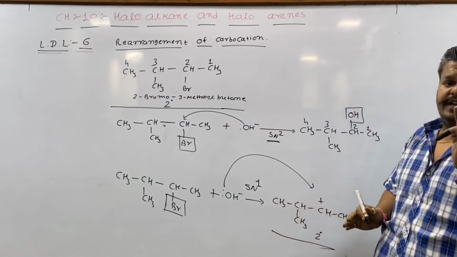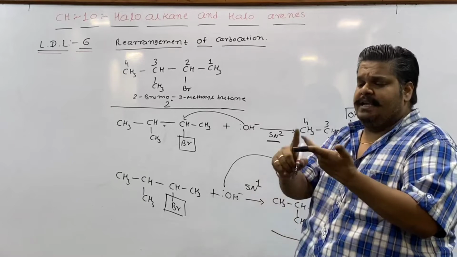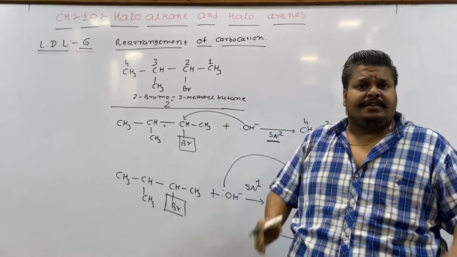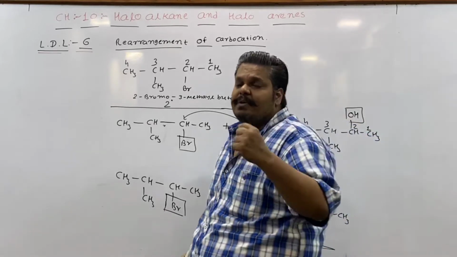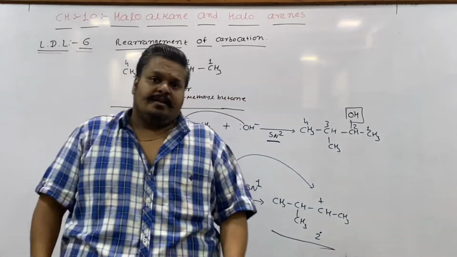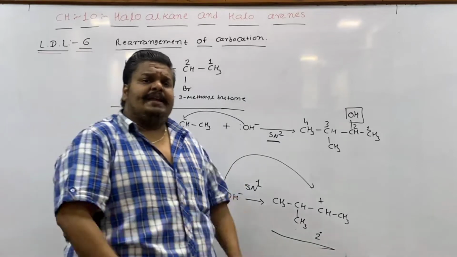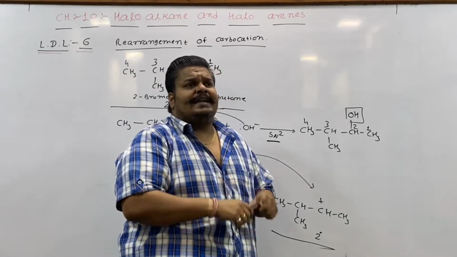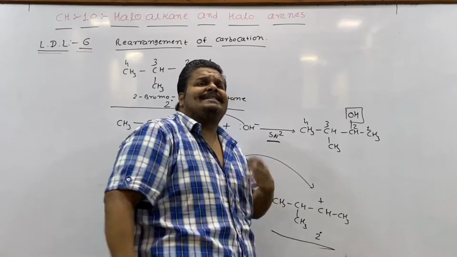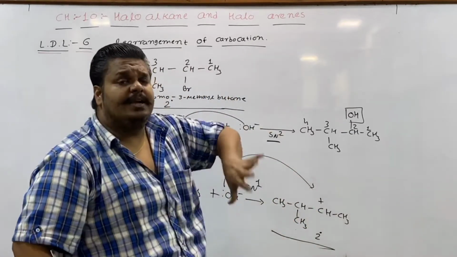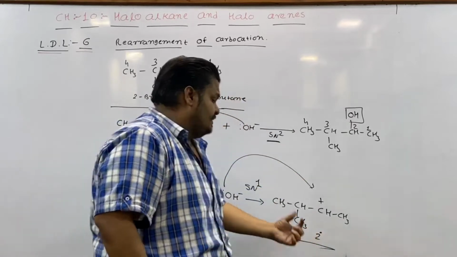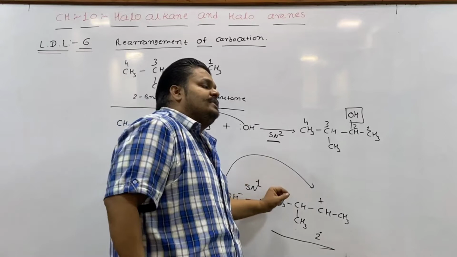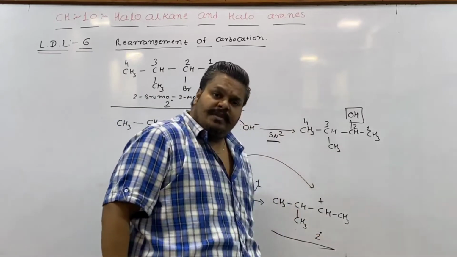We know that we have three types of carbocation: primary, secondary and tertiary. Out of these, the tertiary is the most stable carbocation. According to the mechanism, each and every species tends to stabilize itself, and that's why, if possible, this secondary carbocation also converts itself into the tertiary one.